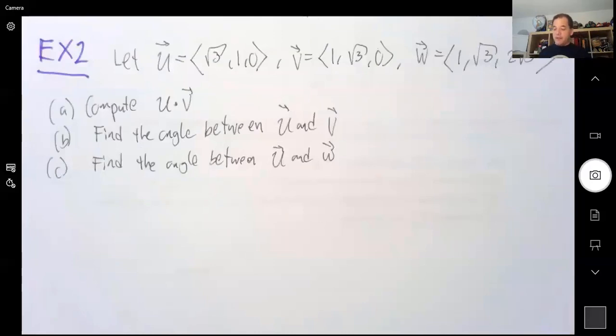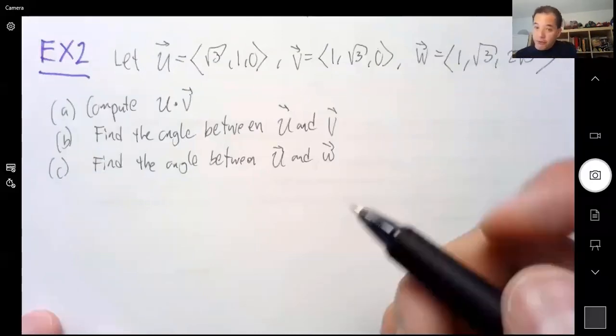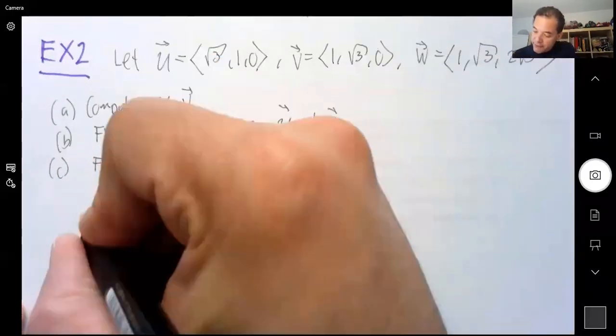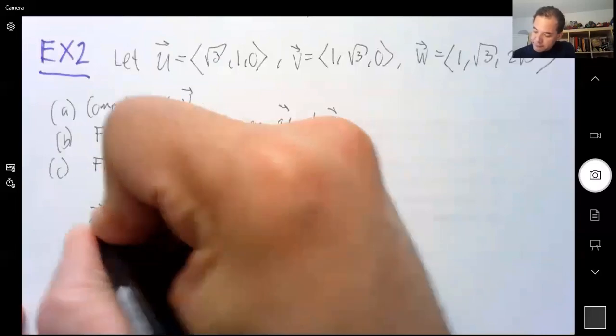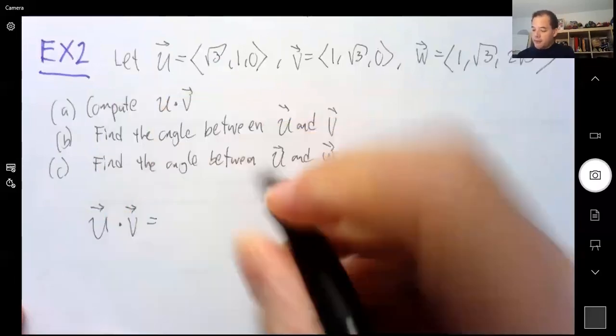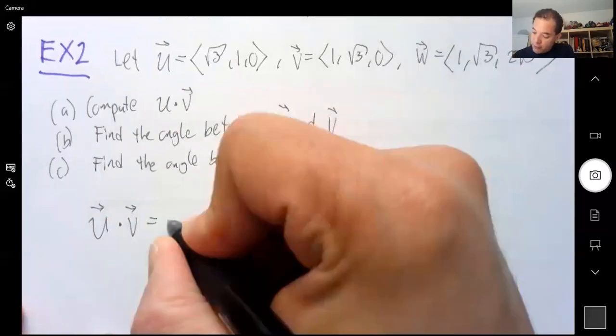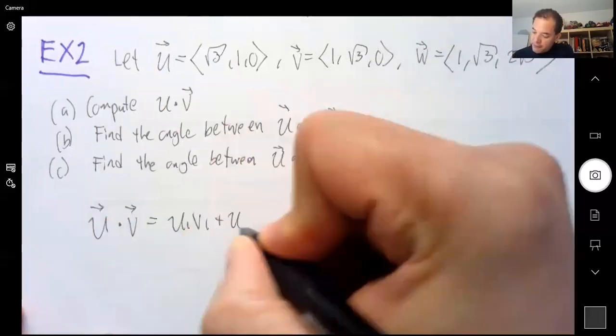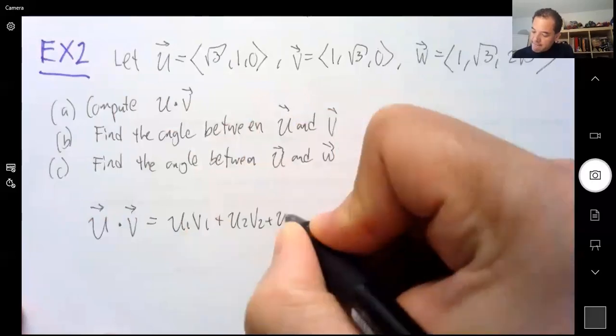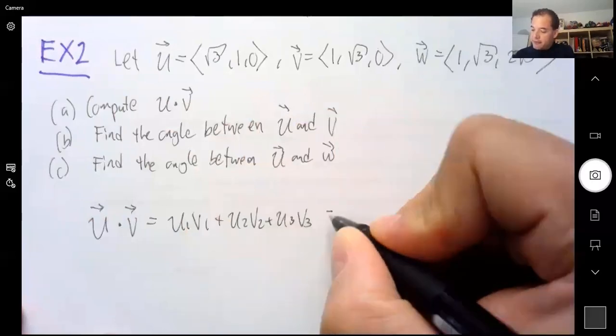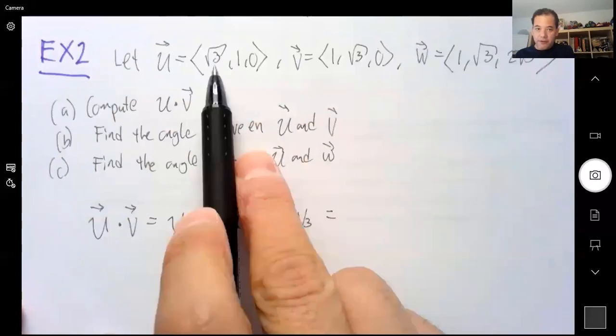First part. Now we're going to do the easy way, of course. So how do we do u dot v? Well, we're going to do the new way we discovered. So it will be u1 v1 plus u2 v2 plus u3 v3. And that's easy, right? Because we have the components right here.